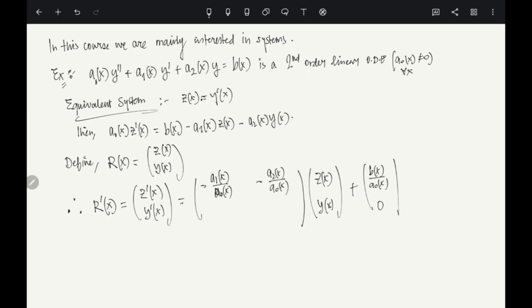And what is y prime? Y prime is nothing but z of x, so basically it is 1 0.